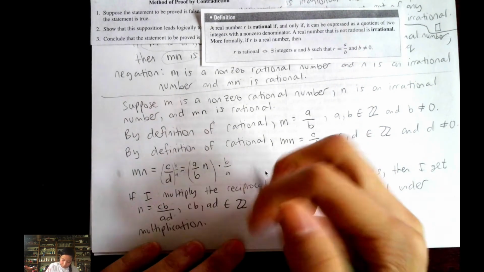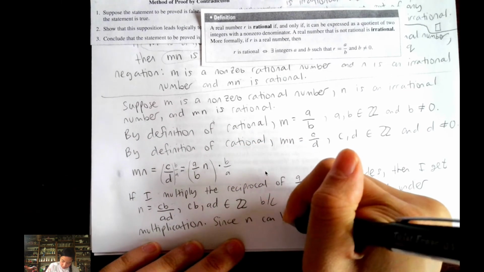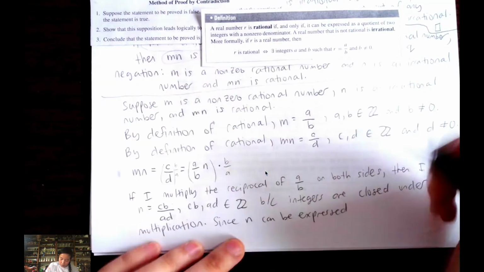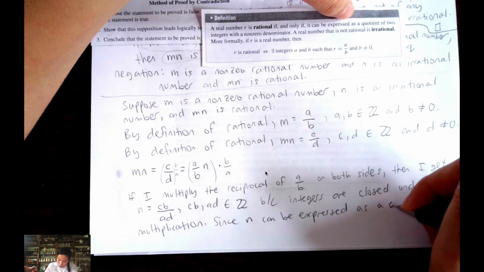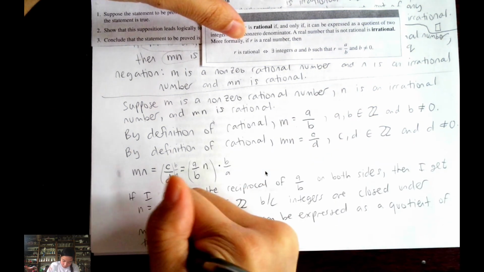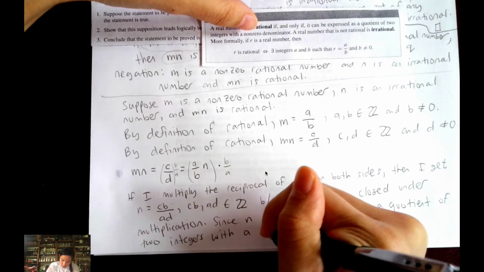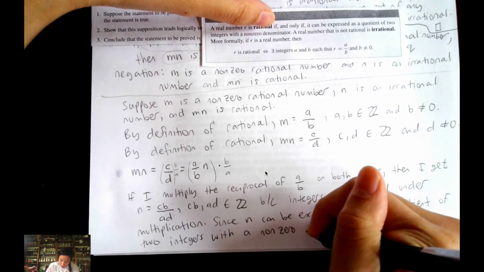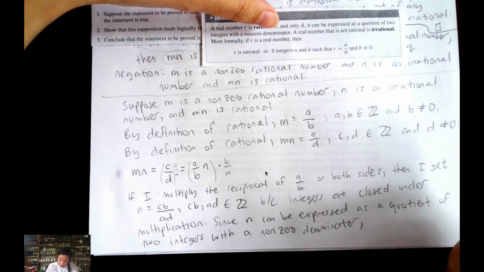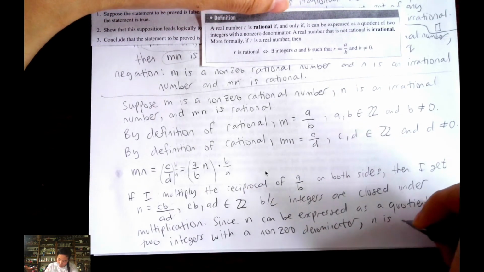So I could say, since n can be expressed, I'm just using the definition right here, as a quotient of two integers with a non-zero denominator, n is rational.